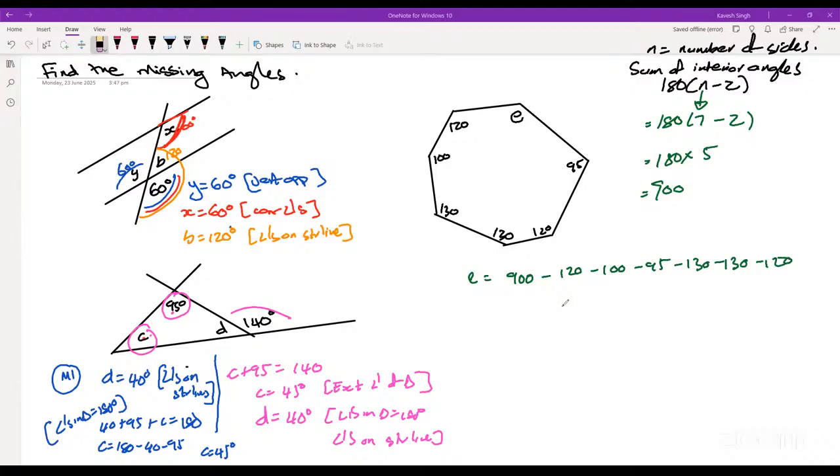According to this, it should be 205 degrees. Let's double check that. 120 plus 100 plus 130 plus 130 plus 120 plus 95 is 695. So all of this is 695, if I can add properly. 900 minus 695, double check my answer, 205.